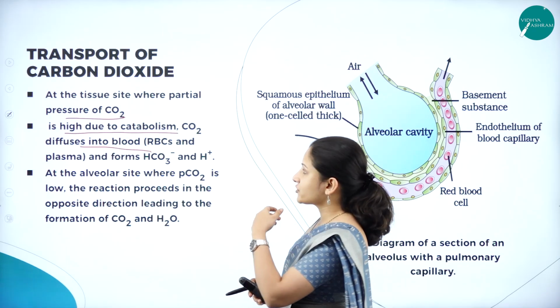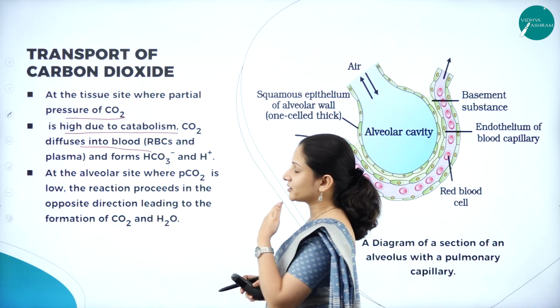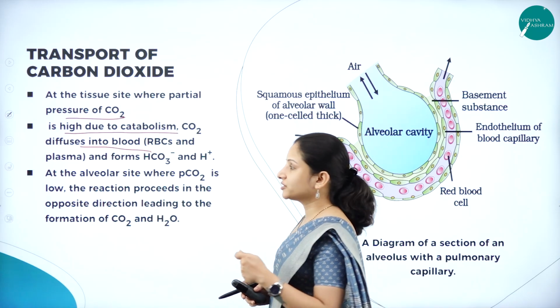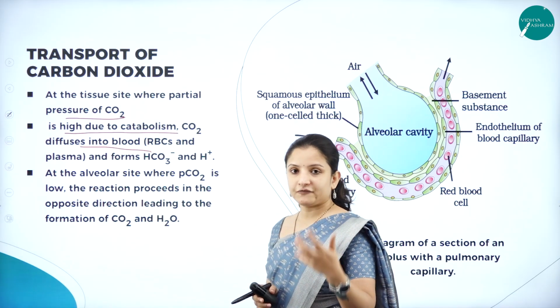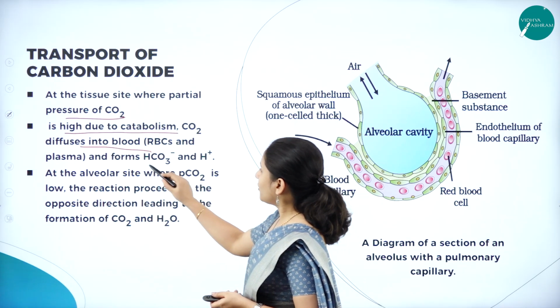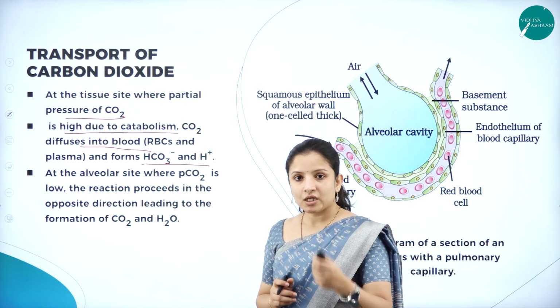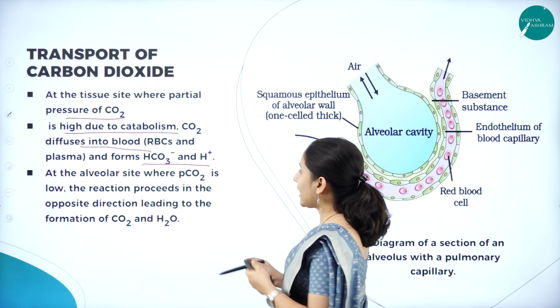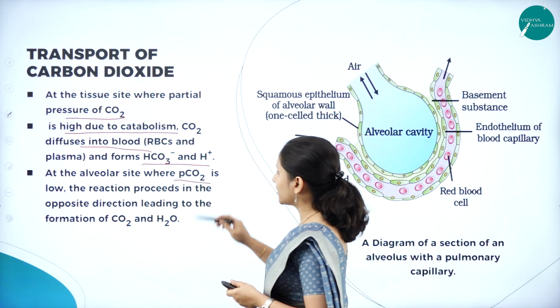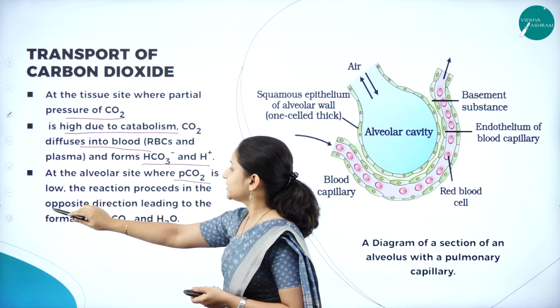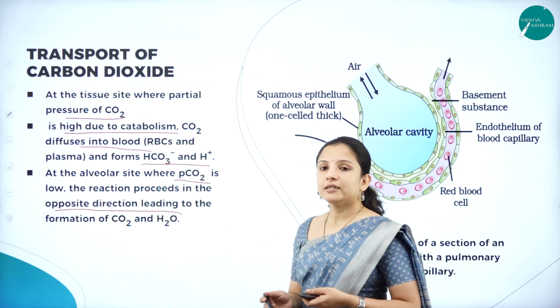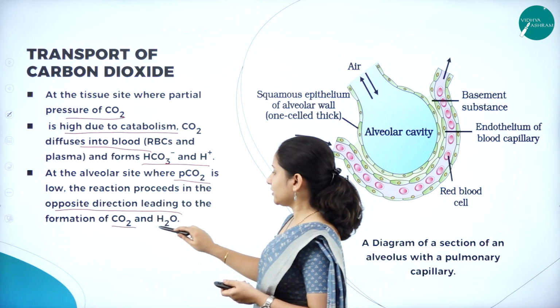Therefore, carbon dioxide will diffuse into the blood and form carbaminohemoglobin, right? And at the alveolar site where partial pressure of carbon dioxide is low, the reaction proceeds in the opposite direction, leading to the formation of carbon dioxide and water.